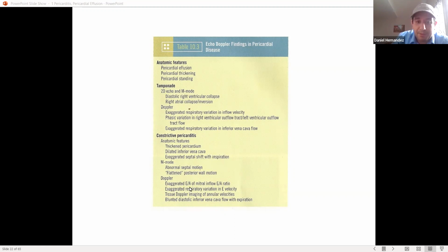On Doppler, we're going to see exaggerated E and A mitral inflow velocities. With inspiration and expiration, we expect to see exaggerated E and A waves.